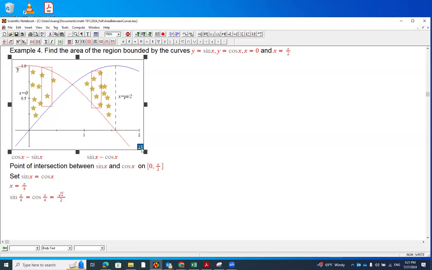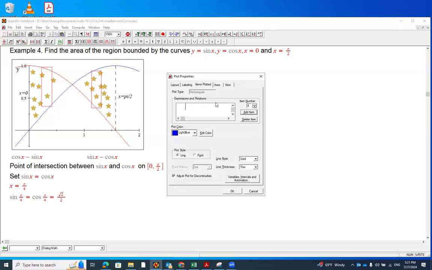So we mark that point: pi over 4, and then root 2 over 2.